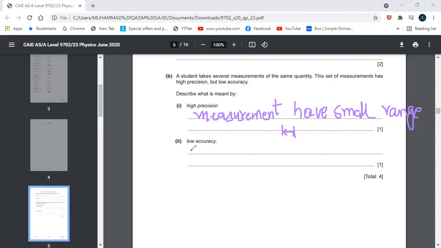Low accuracy means the measurement is not close to the true value.